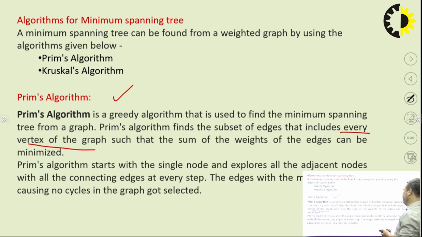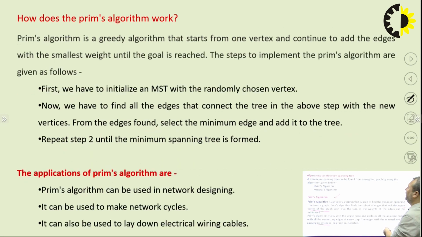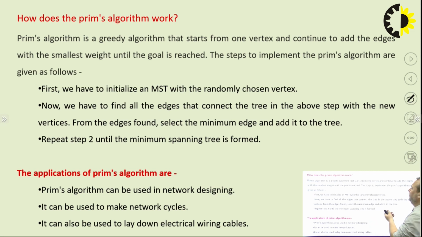The edge with the minimal weight causing no cycle is chosen; it has to be ensured that while proceeding, there is no cycle in the spanning tree.